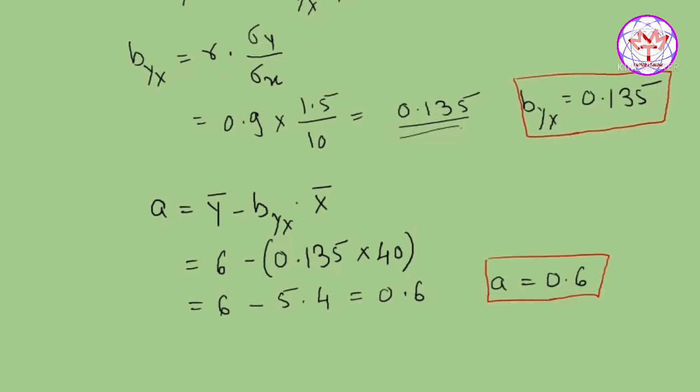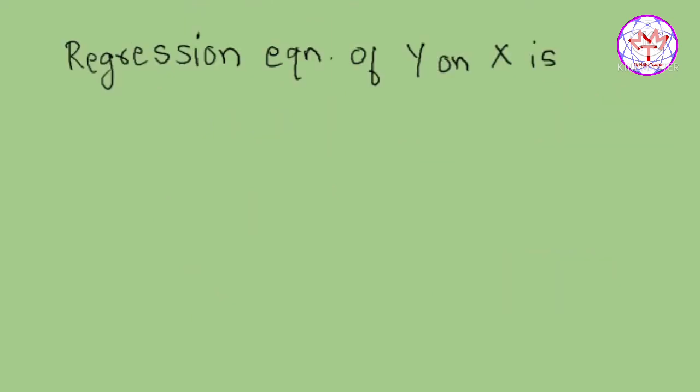Now we will substitute the values of byx and a in the regression equation of y on x. So we get regression equation of y on x is y is equal to a, that is 0.6, plus byx, we have got 0.135 into x. So this is the regression equation of y on x.